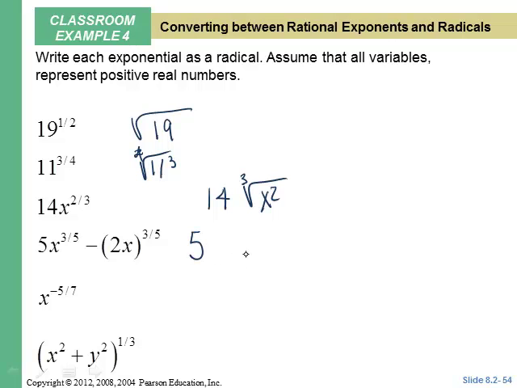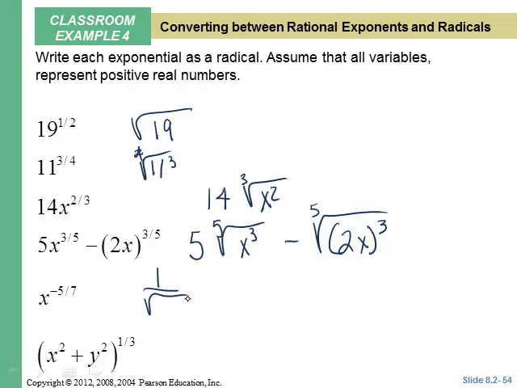This is 5 times the fifth root of x cubed minus the fifth root of 2x cubed. And this would be 1 over the seventh root of x to the fifth.